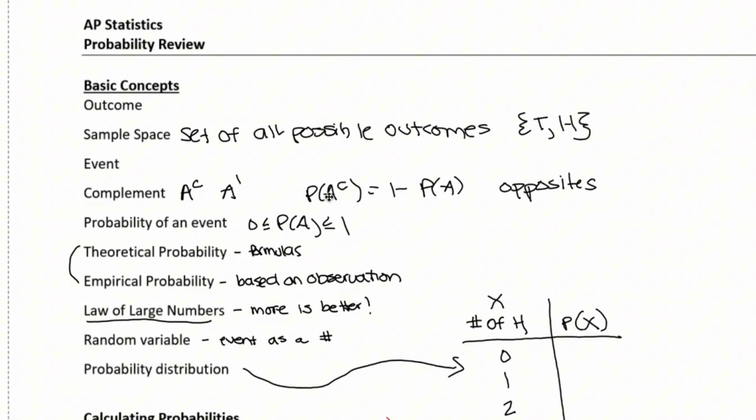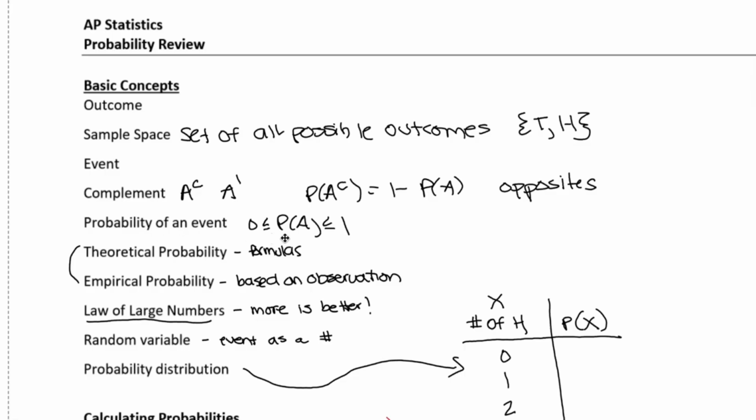Representing the complement using a formula just means that if you want the probability of a complement, you use 1 minus the probability of the non-complement. So the probability of A, if we want to find the probability of the complement of A. So they're opposites.